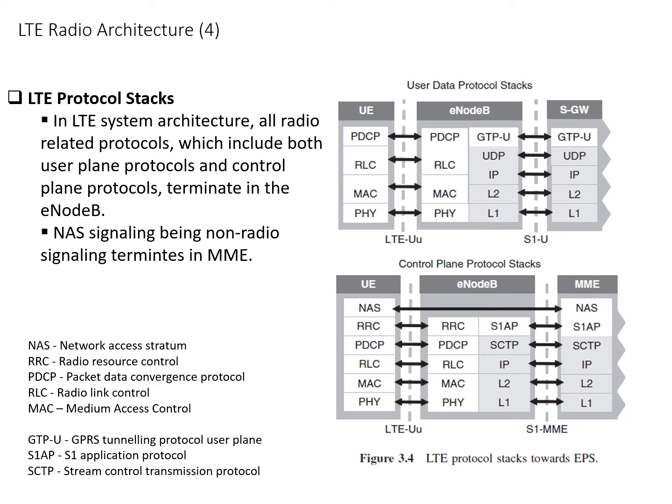So here, between E node B and the serving gateway, the link interface has physical link, L2, IP, UDP, and GTP, GTPU.